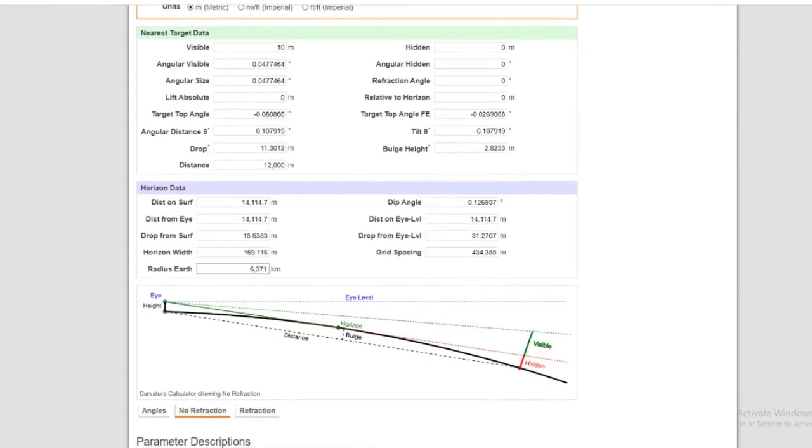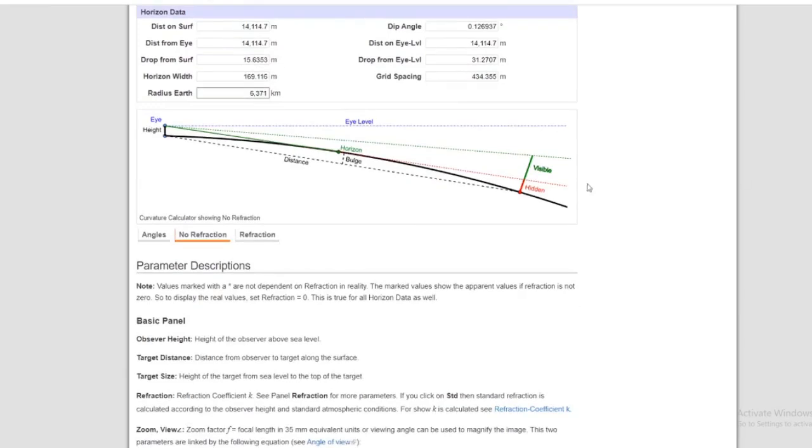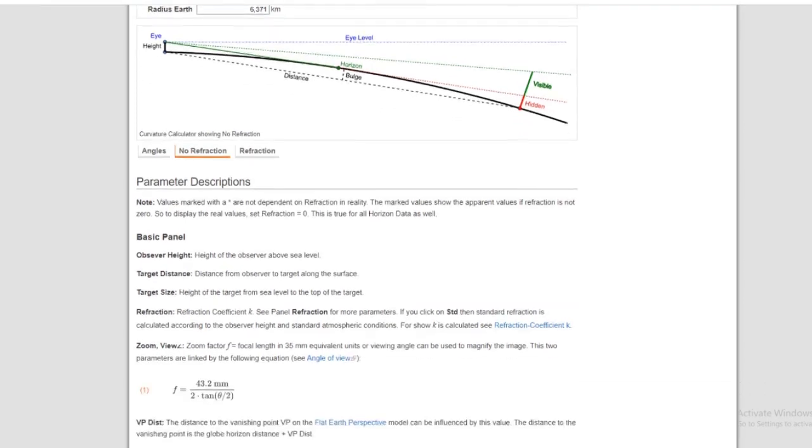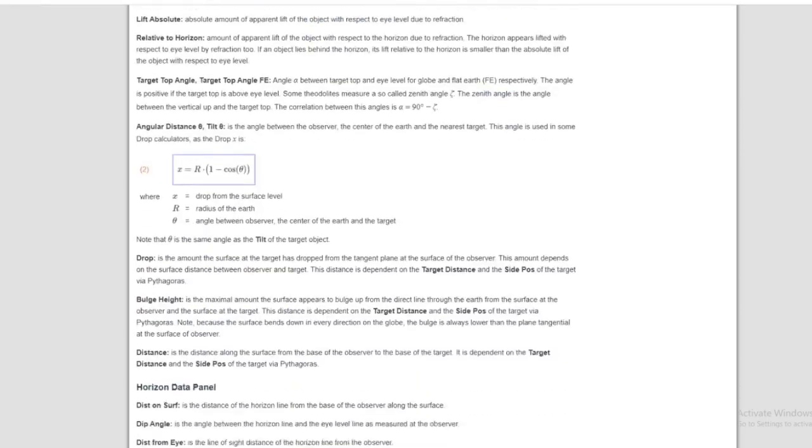Mathematically, it will prove itself, because what it's based on is this side-on view, where we have this eye level here and everything going down away from the observer, or sometimes it's illustrated as being a bulge up in front of the person.